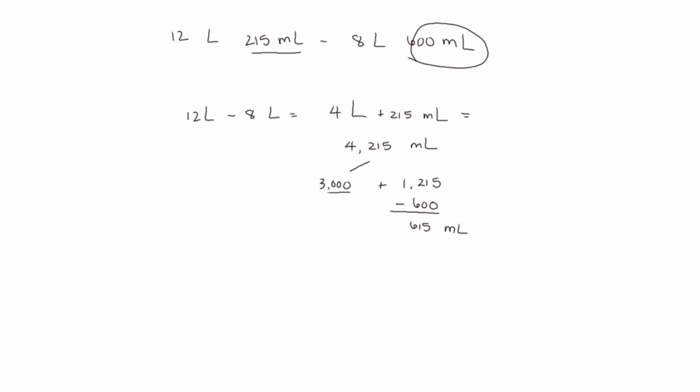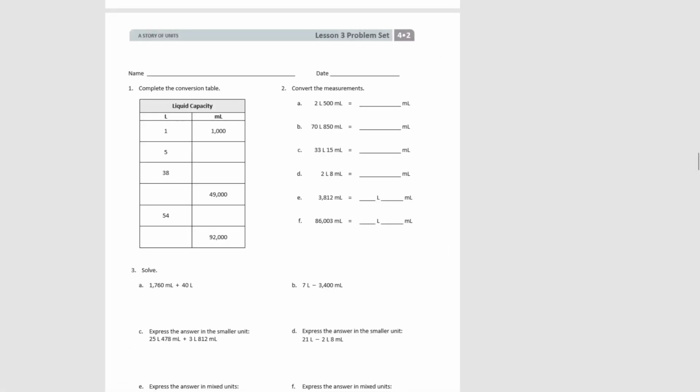The 3,000 milliliters here would be 3 liters, and again we get the same answer of 3 liters, 615 milliliters, or 3,615 milliliters.